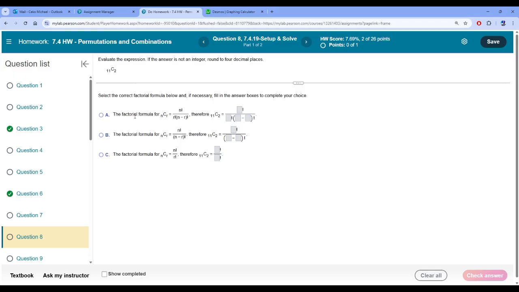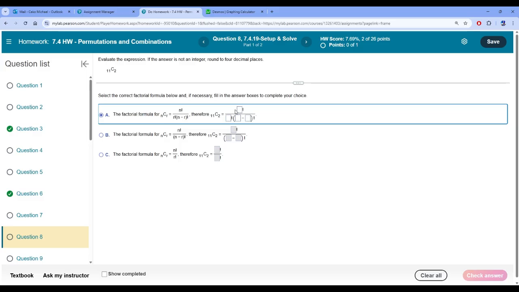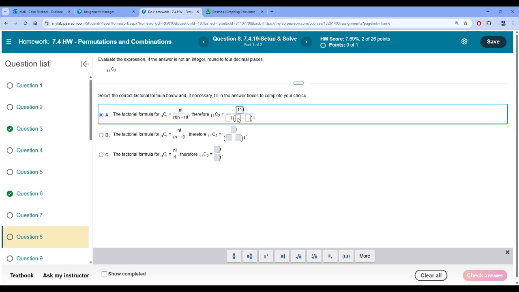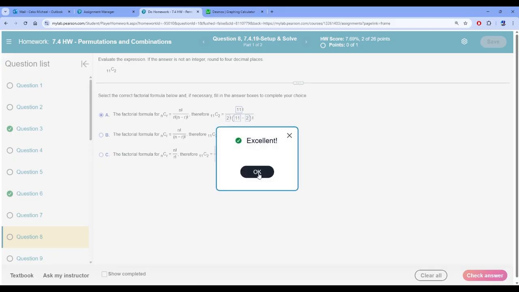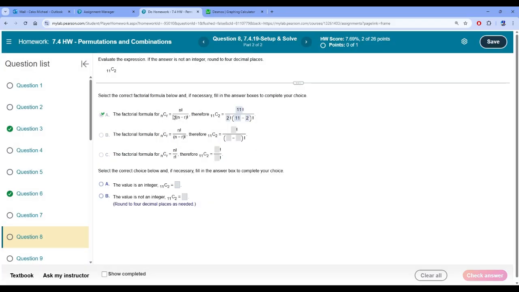So 11C2. Which is the definition? I think it is this one. It's a combination, n factorial over r factorial times n minus r factorial, so that's 11 minus 2. I think that's what it is. Yep. And that's just the definition of combination.